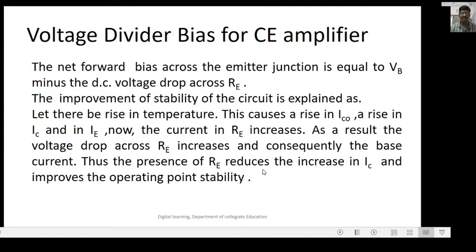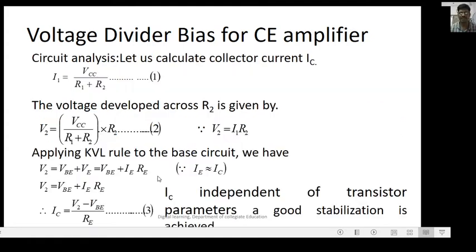This reduces the increase in IC and improves the operating point stability. So the voltage divider bias for CE amplifier can be expressed through circuit analysis.